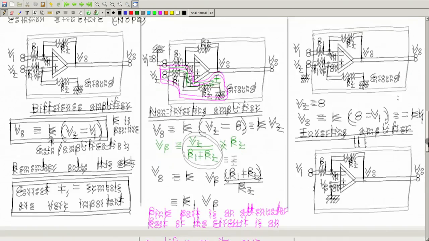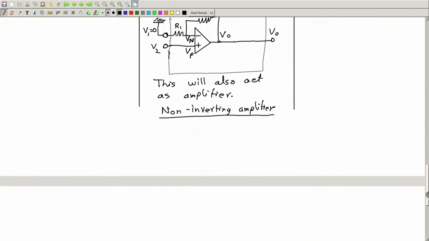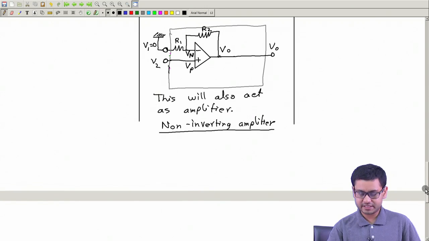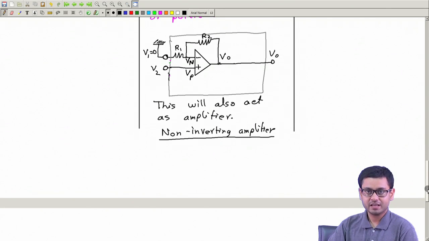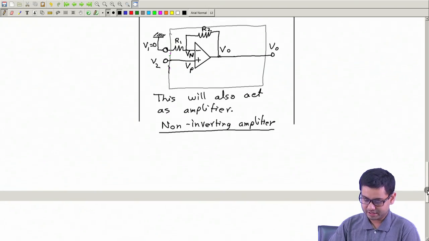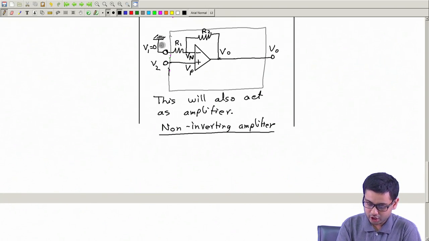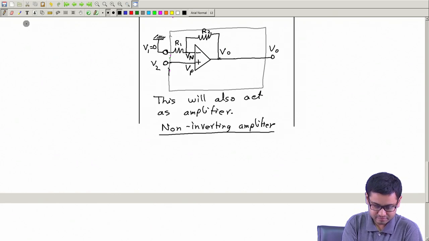Okay, so today we will analyze these circuits one by one rigorously. So please pay your attention. So let us start with maybe this one, non-inverting amplifier.